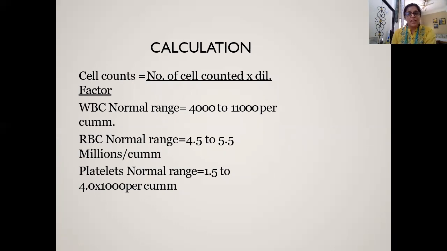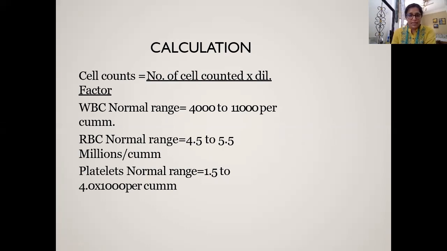Whatever cell number you get from the desired squares, in WBCs, say for example, from the 64 small squares, you get a number X. Your dilution factor was 20. So cell count will be the number of cells into the dilution factor. And then you have to take out the number of cells per cubic mm of blood.